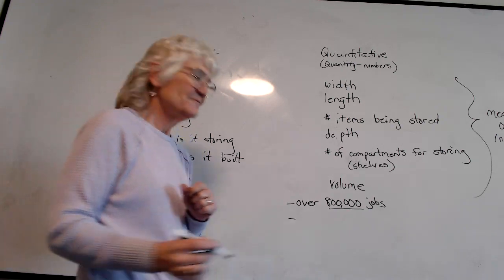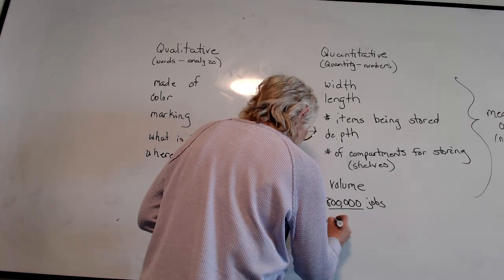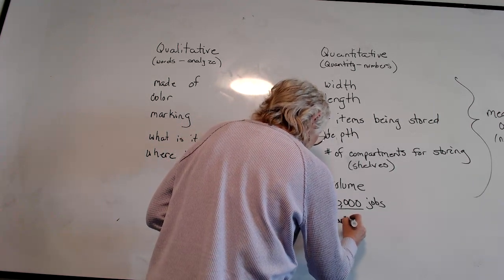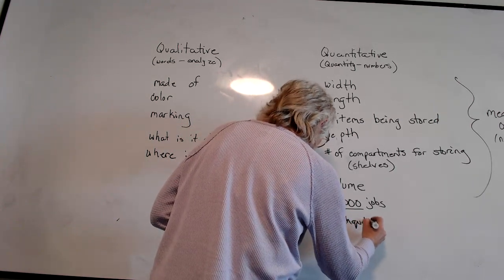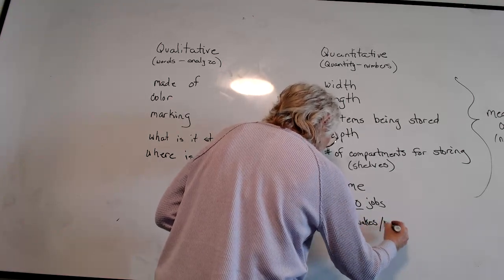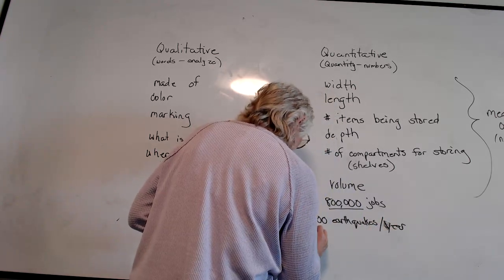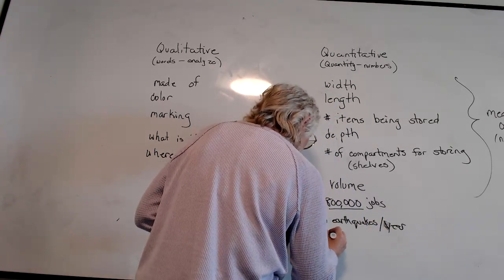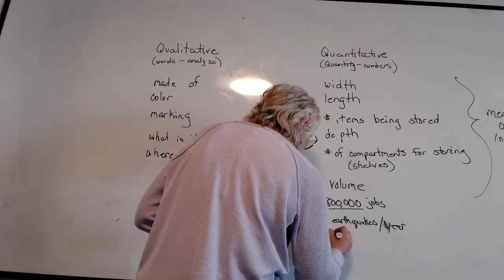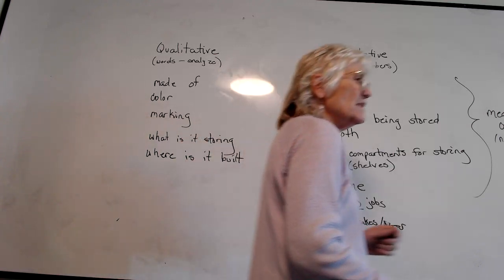There are 20,000 earthquakes a year. It's not describing them. No. Okay, and your last one? About 20% of American households are one-child families. Oh, there's my abbreviations.